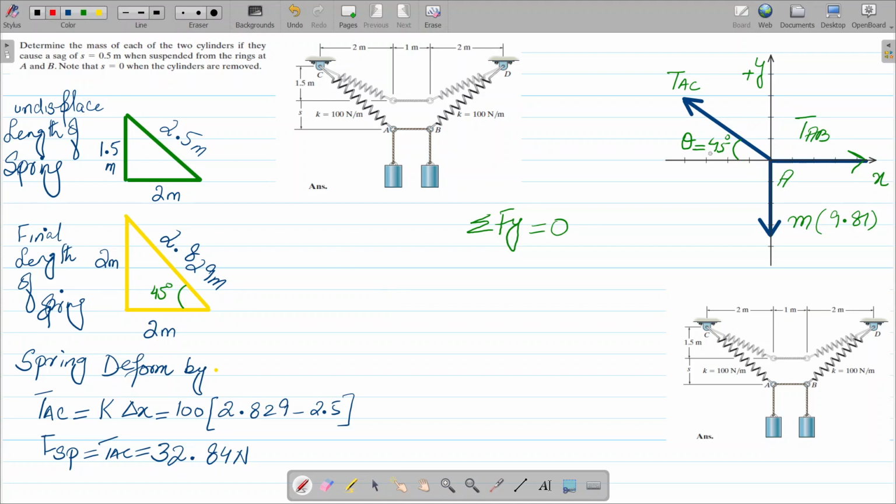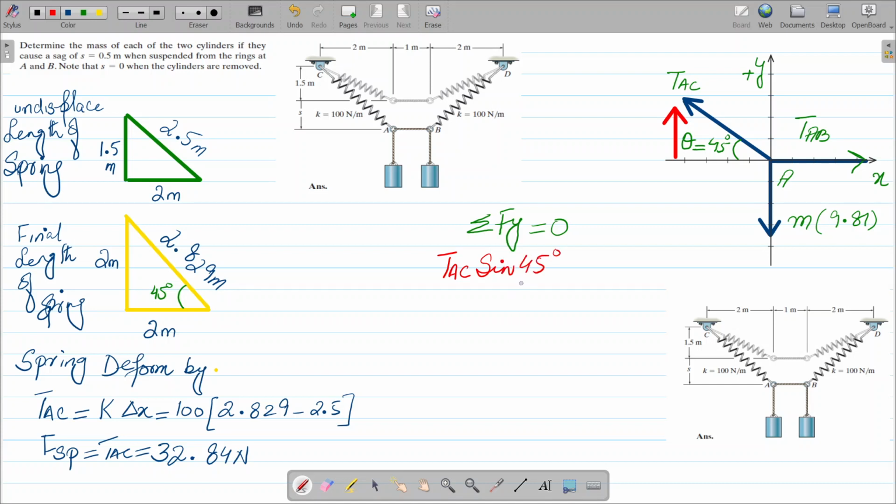This vertical component will be T_AC sine 45.